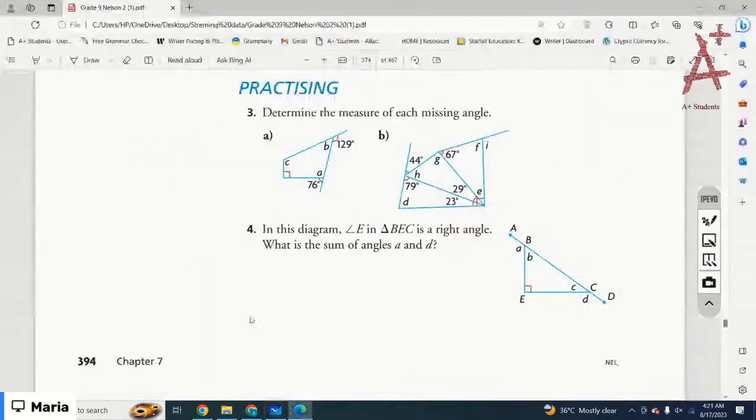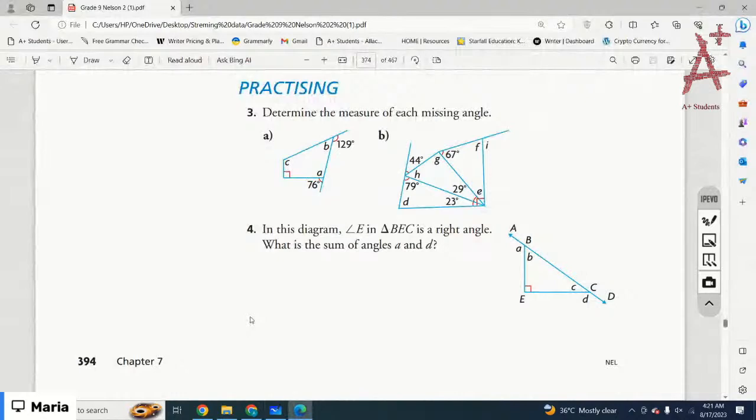Okay, let's look at question number 4. In the diagram, angle E in triangle BEC is a right angle. What is the sum of angle A and D?